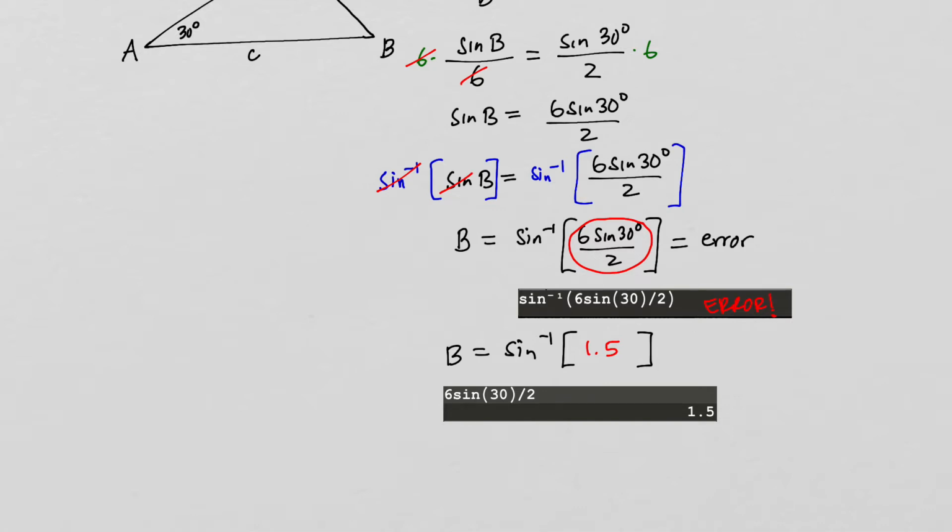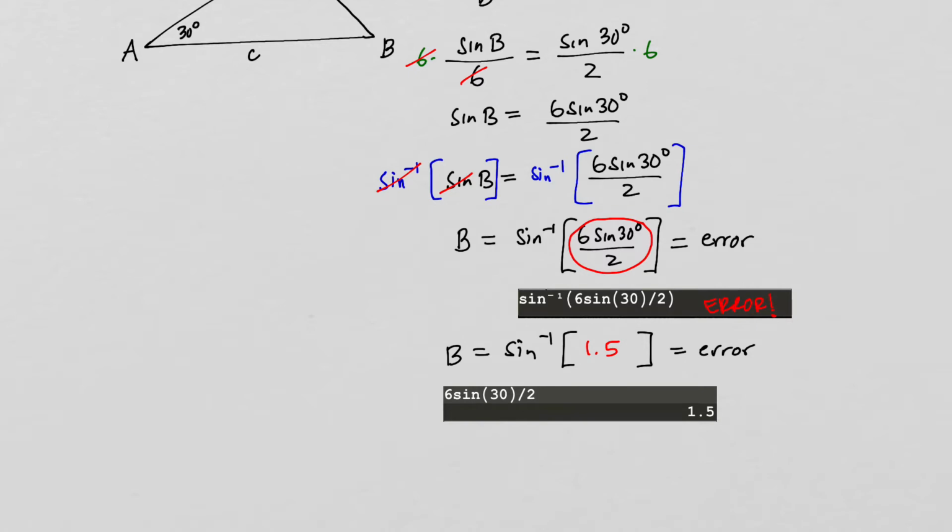So we could have figured that out without a calculator, but most of the time, you would need a calculator to figure that out. So what is the inverse sine of 1.5? Well, we already know this is an error. But why are we getting that error? Well, it's because you cannot have a sine of an angle that gives you a value that is more than 1. So if you try to take the inverse sine of a value that's more than 1, you will always get an error because it's not possible, okay?